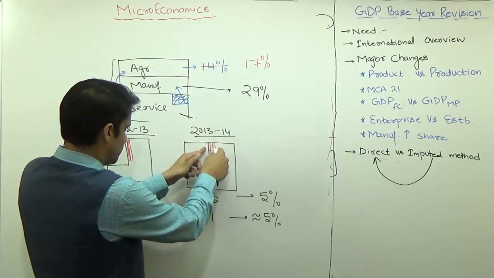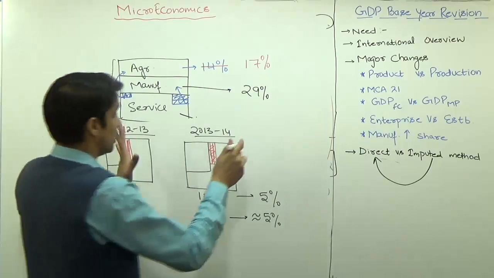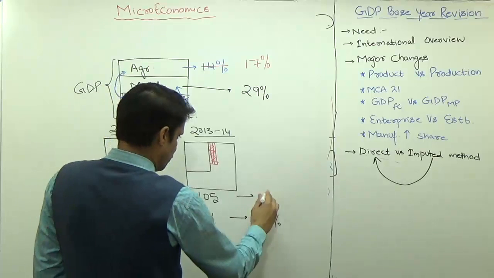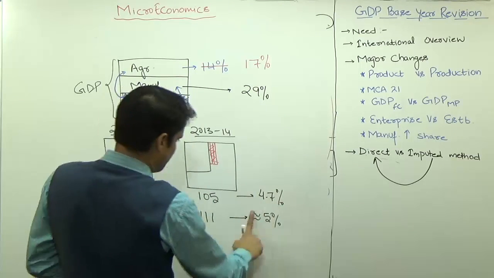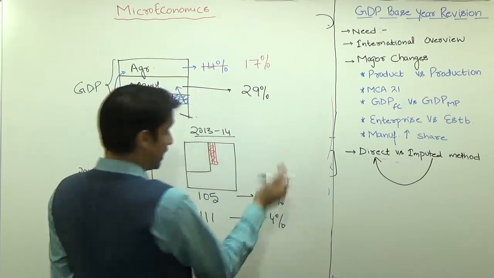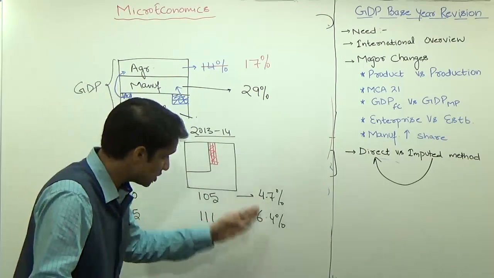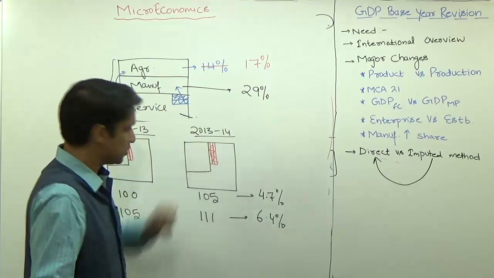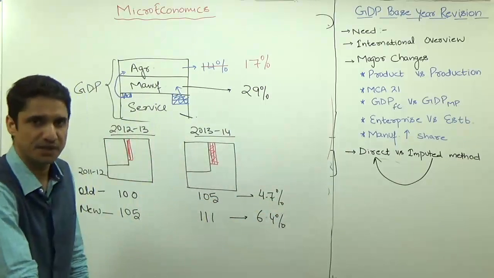But suppose the CSO came and said that earlier our GDP growth was 4.7%, and now after changing the GDP base year it has become 6.4%, 6.9% even at market price. How is it possible? It is not possible, because the same set of new items you have added, so how can there be such a big change in the GDP?